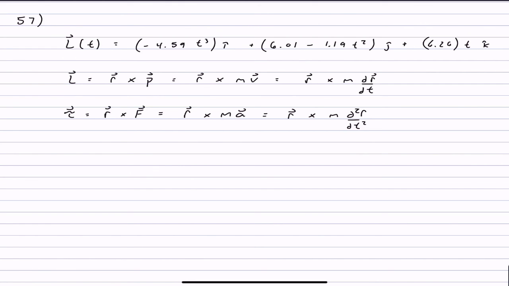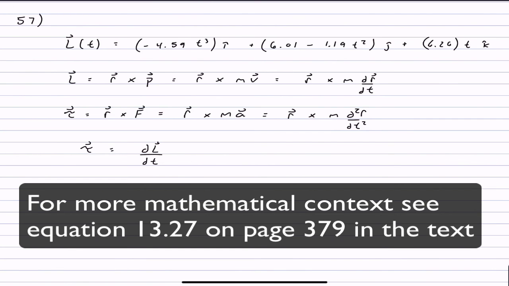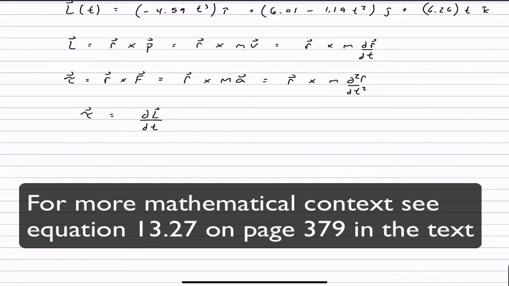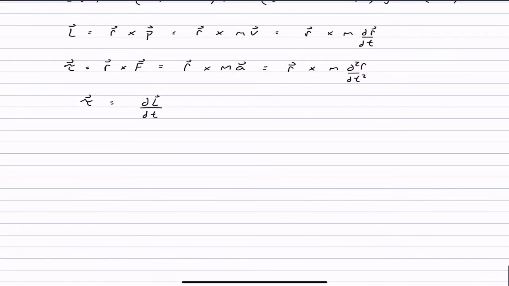Well, looking at these relationships here, if L is equal to r cross m dr dt, and torque is r cross m d squared r dt squared, that means that the torque is going to be equal to another time derivative of L. And that's all we have to do, is take the derivative of this function. So let's do that.